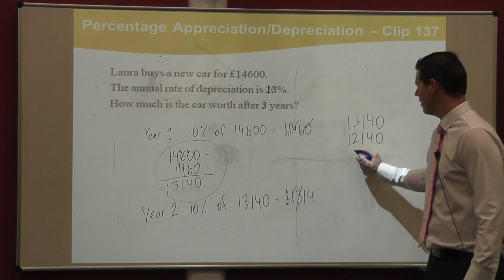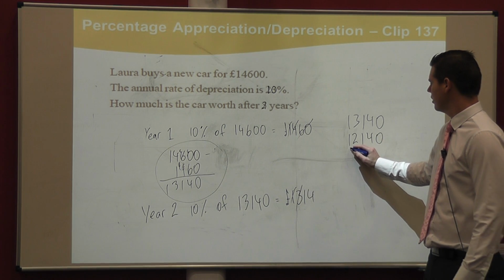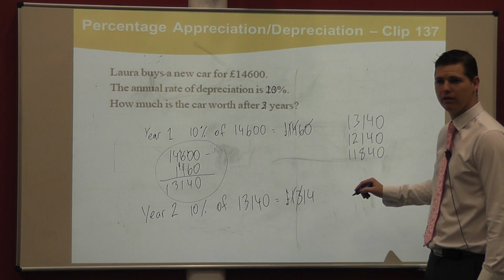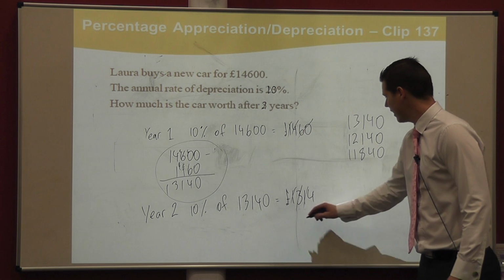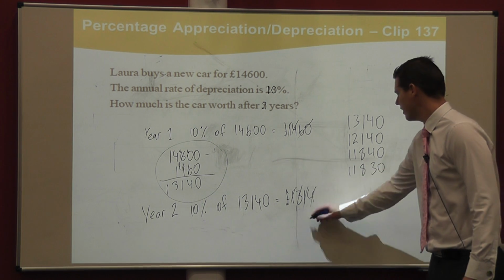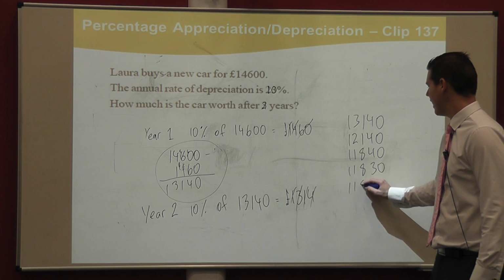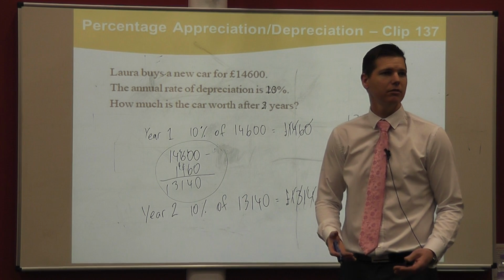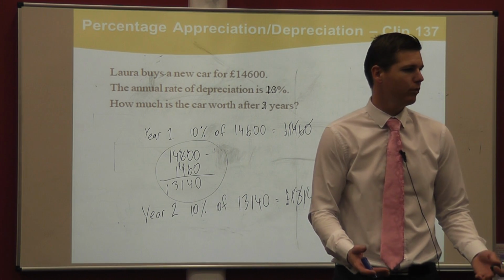I'm going to take off 300, which goes back to 11,840. I'm going to take off 10, 11,830, and then I'm going to take off another 4, 11,826.